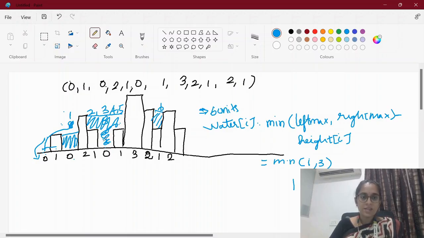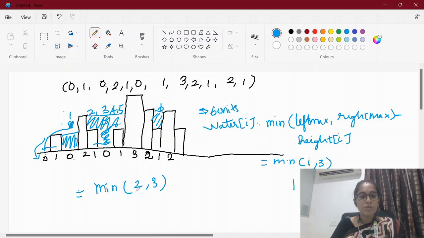Considering this position, we take the minimum of the left maximum and the right maximum. Here on the left, 2 is the maximum value, and on the right side, 3 is the maximum value.